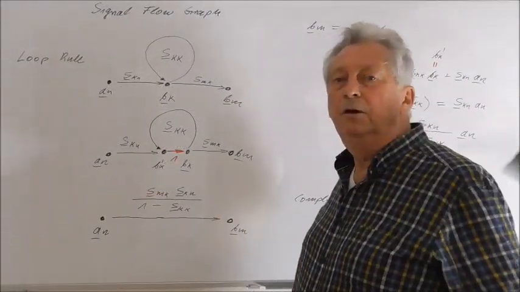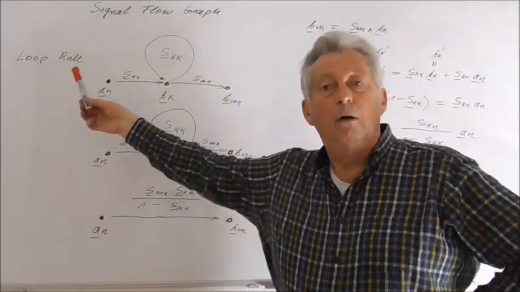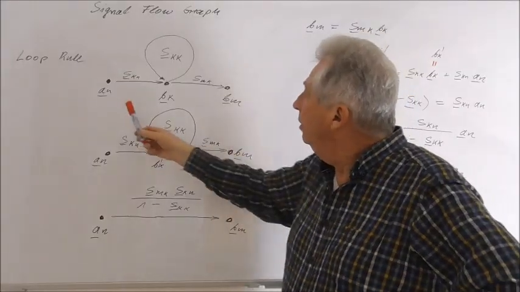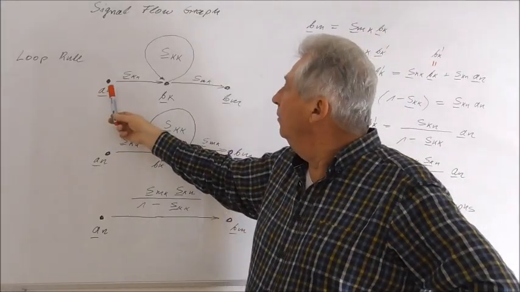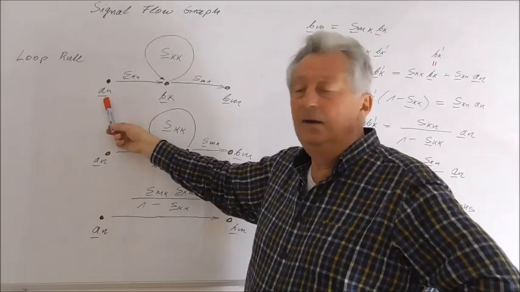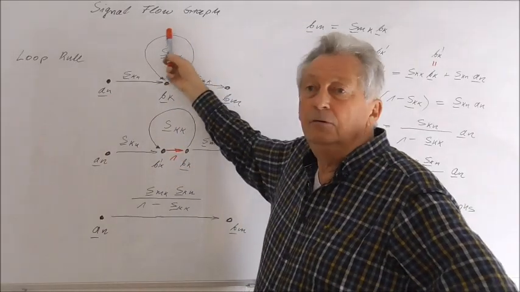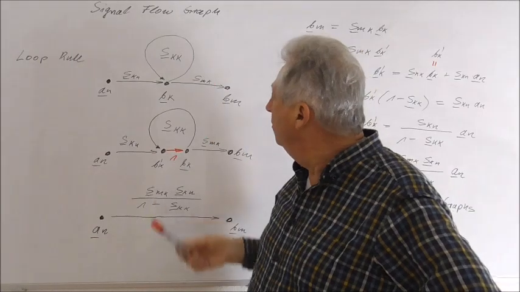So I want to talk now about the loop rule, or how we can deal with a loop. We have here the wave elements AN, BK and BM, but here we have a certain loop, a so-called self loop.